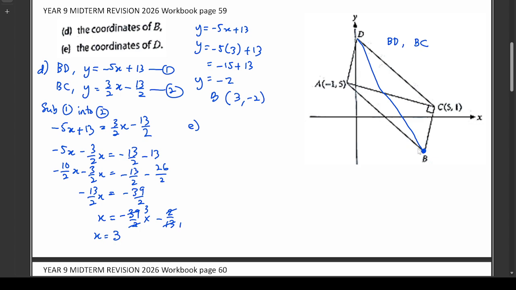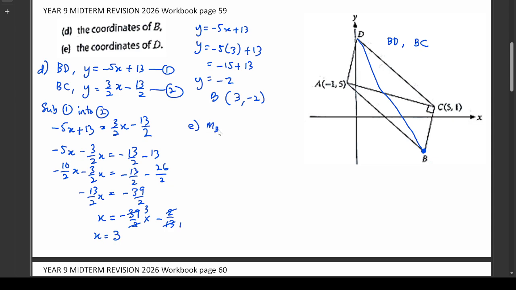You can get the gradient of AB, and then that is the gradient of DC. You can get the equation of DC, right? Or you can also, since the BC gradient is the same as AD, just use that gradient. So you don't have to calculate, and just use A as the coordinate.